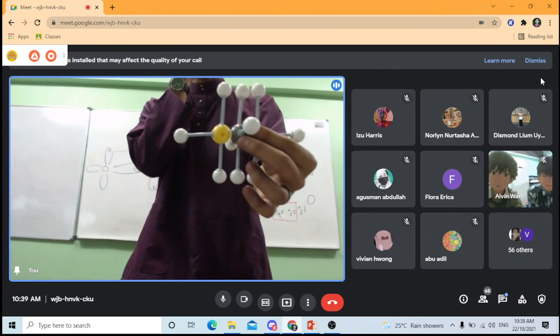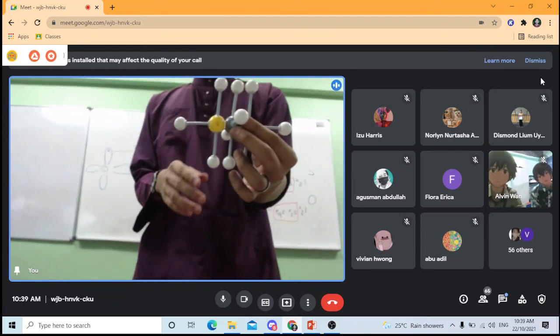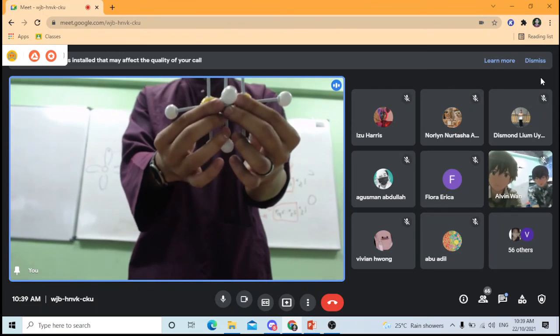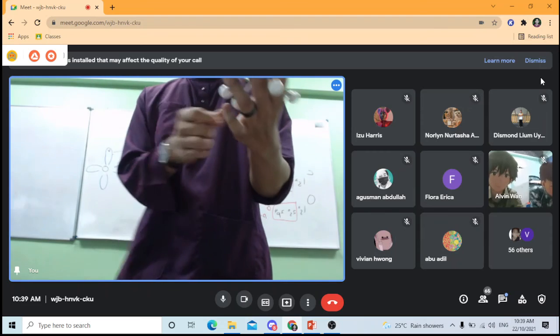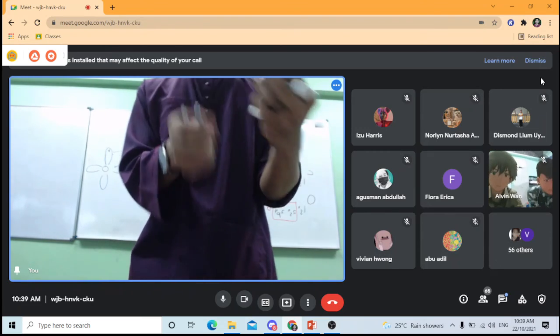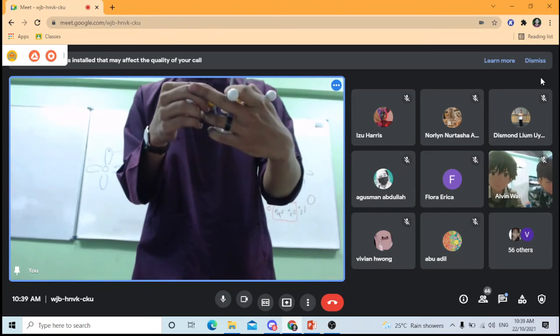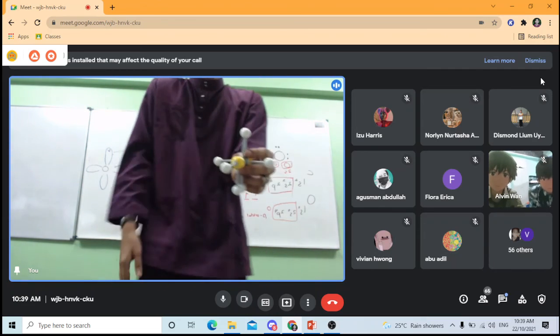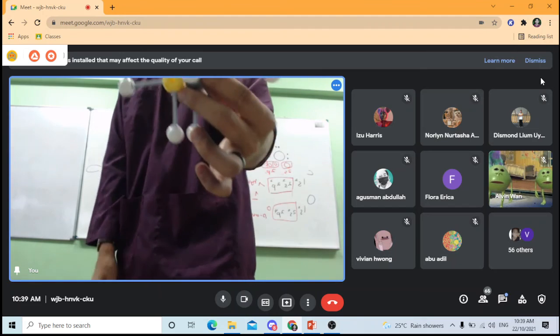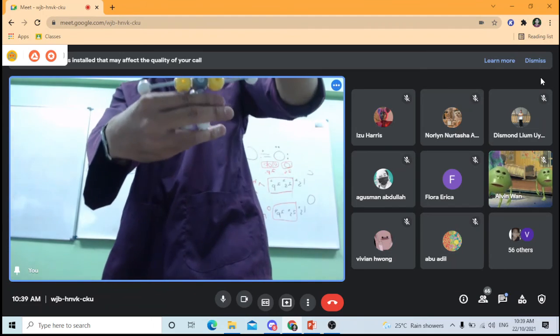Okay. So how they work the pi bond is they overlap side to side. So this one and this one. So this one overlap dengan this one. It was kiri and kiri like that. And this one to make the pi bond.